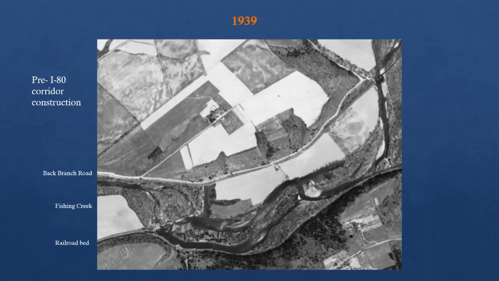So I want to show you guys an example of that change in our landscape. So this is actually before Interstate 80 was put in here in Columbia County. So you can see that here is Fishing Creek. Now this used to be able to flow in that landscape freely. So this Fishing Creek was more of a braided channel.